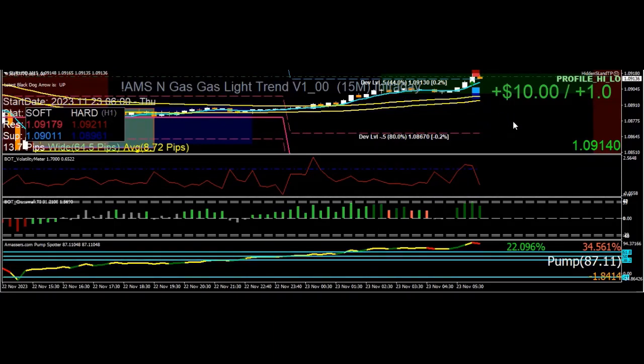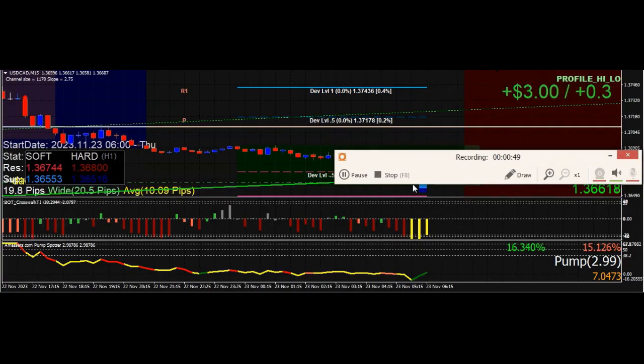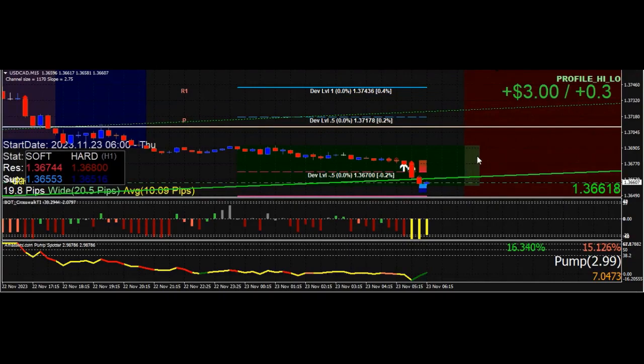Now, knowing what we know already, this is the Euro USD, and I want to point something out. I'm selling this. This is around the holidays, a terrible time to trade, right around Thanksgiving. But I'm selling it, and this is a counter trend trade.